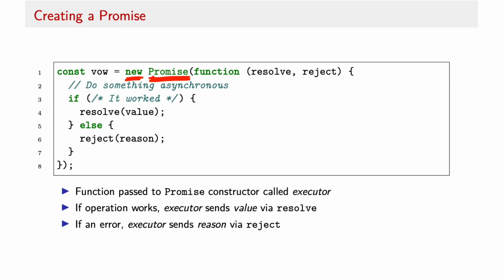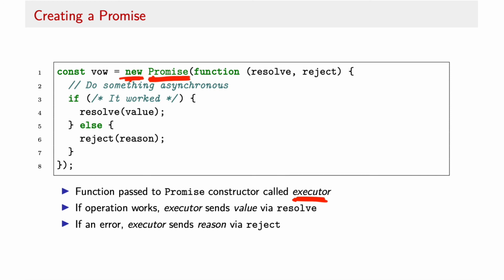So what we're trying to do here is create a new promise that will wrap up the behavior of some other style of programming like callbacks. So we're going to call the constructor, the new function, on that promise object. And what we pass to Promise, as you may not be surprised, is a function. Now, that function is called the executor. I don't know, however you want to pronounce it. Depends on which part of Indiana you're from, I guess.